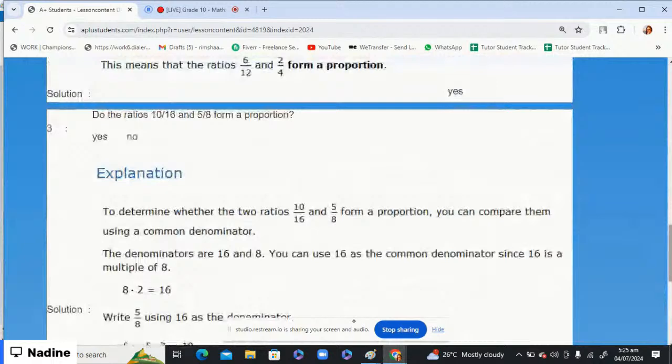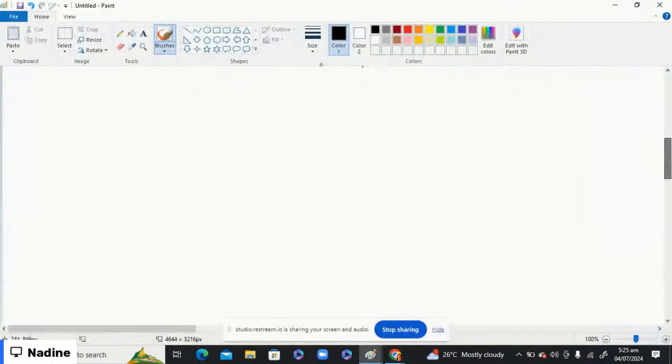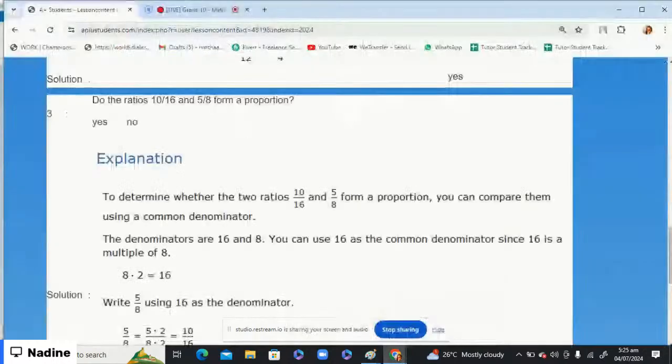Next, 10 by 16 and 5 by 8. Let's check. In that kind of problem, you can compare them using a common denominator.